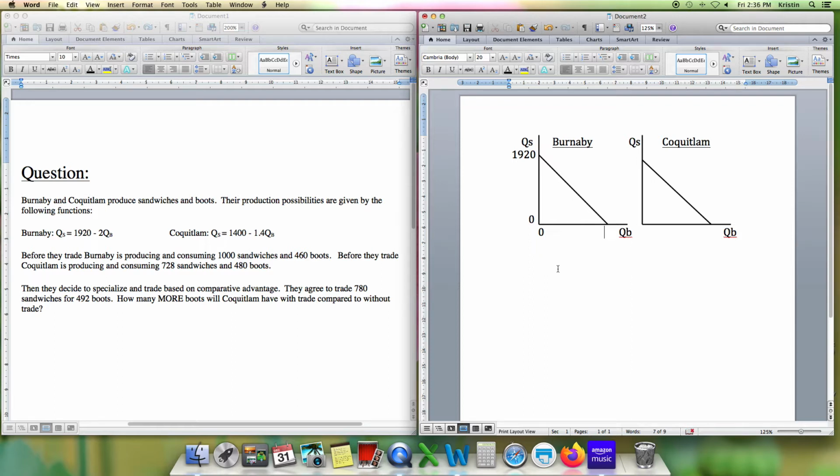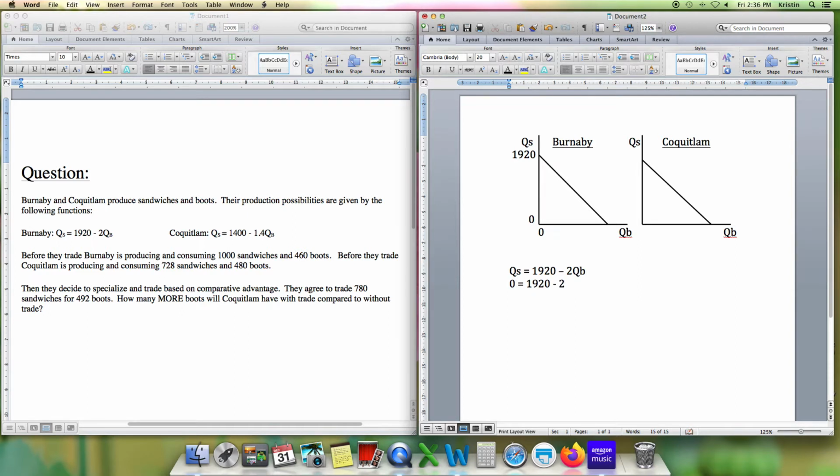Using the equation, QS equals 1920 minus 2QB. Our question is, what is QB when the quantity of sandwiches is 0? So let's put 0 there.